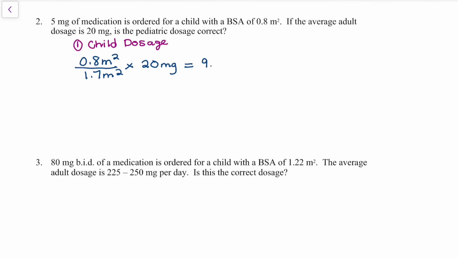And we get 9.4117, so on, milligrams. And because this isn't a range, we can look at the 10%. So that means we can do 9.4117 and so on, plus or minus 0.941 and so on.